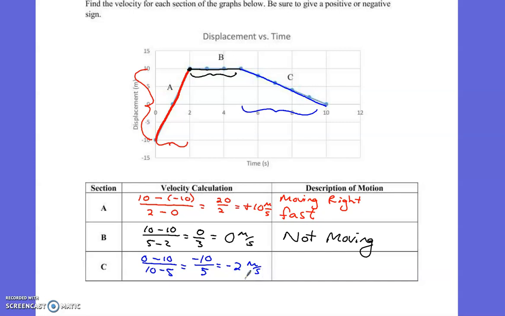Now notice the units here, also it's the rise over the run. It's a meter over a second. Here, because it is going down, because it's a negative slope, we see that the object is moving left. And this is a relatively shallow slope. It's not steep, and so it is a slow type of movement.